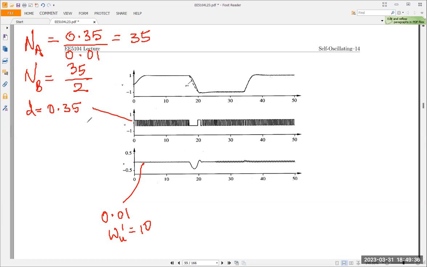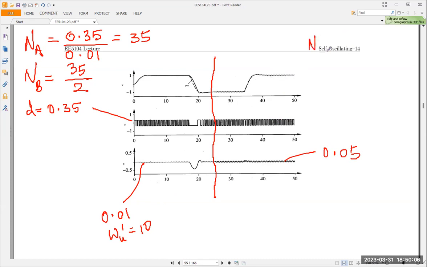Then somewhere here, the plant gain increased by 5 times. If the plant gain increased by 5 times, the oscillation will now increase to 5 times 0.05. And since the relay has not changed, what is the AC gain?